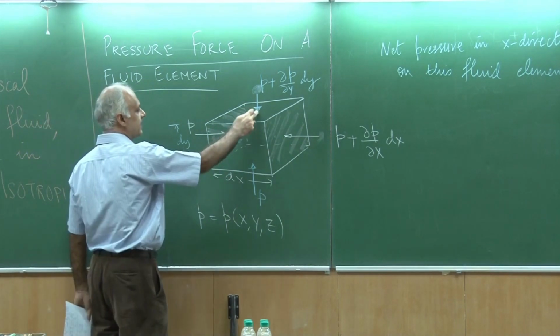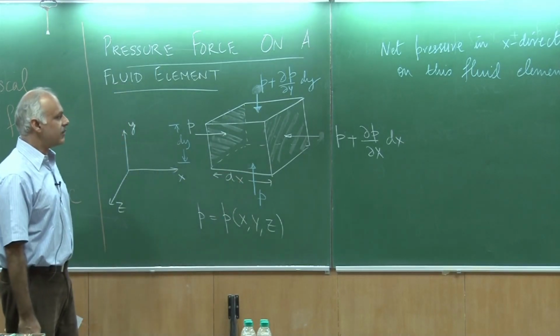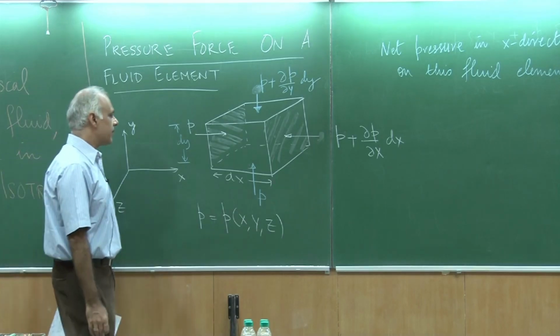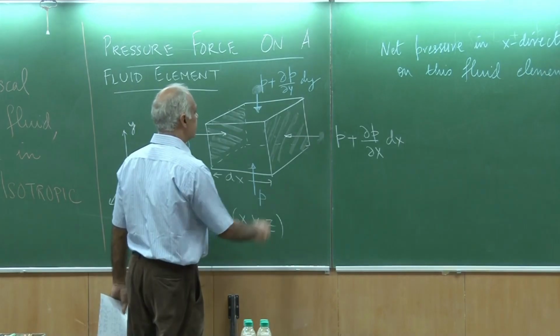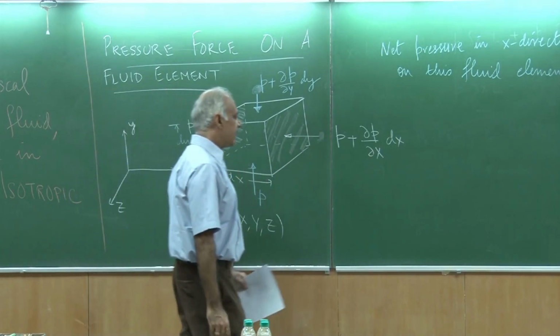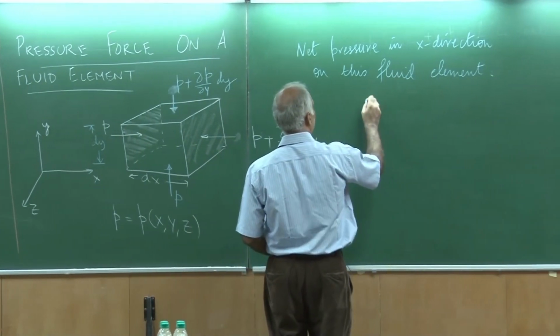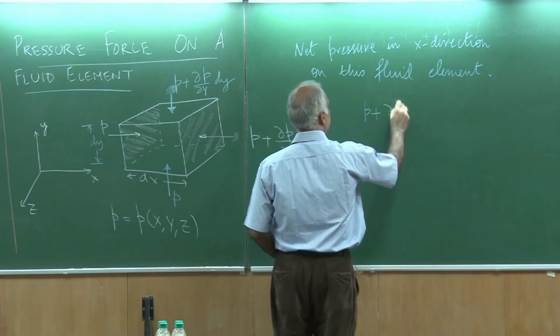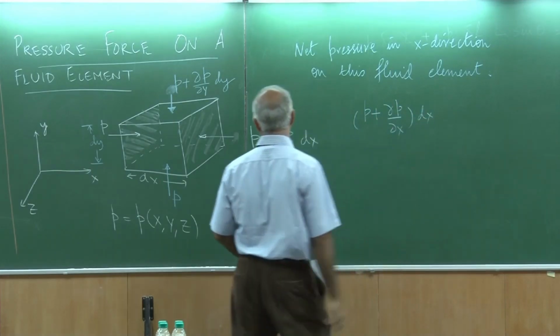Similarly, in the y direction only these two faces would contribute and not the other faces, and likewise for the z direction. So as far as the x direction is concerned, I would only like to take the resultant over here, and I could write this as P plus del P by del x times dx.